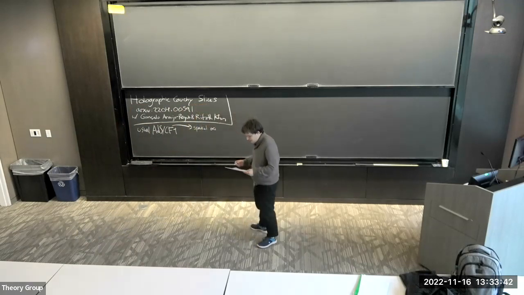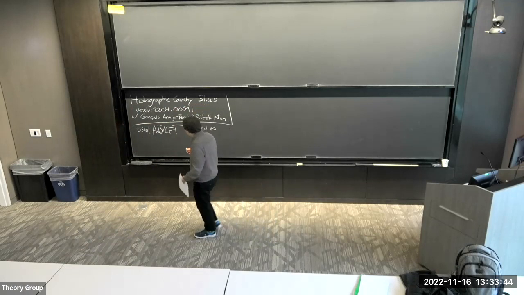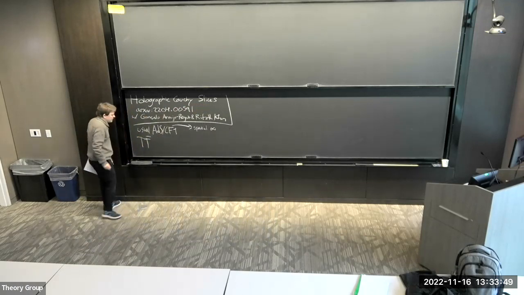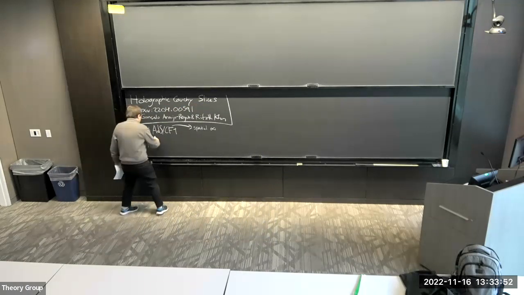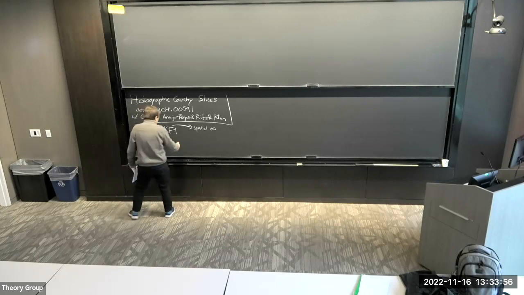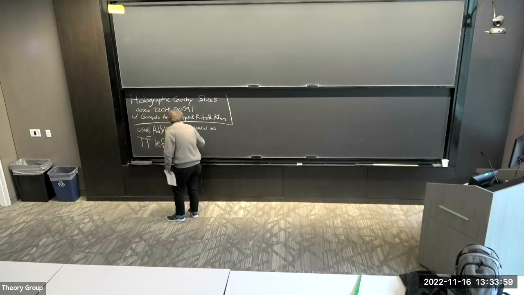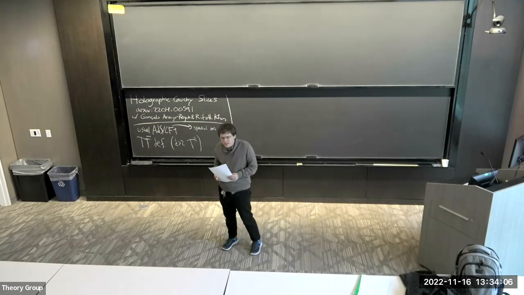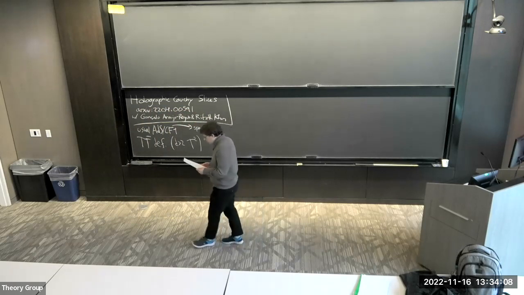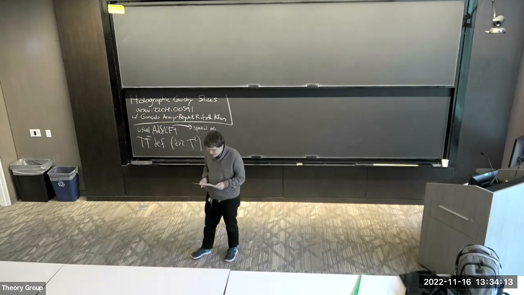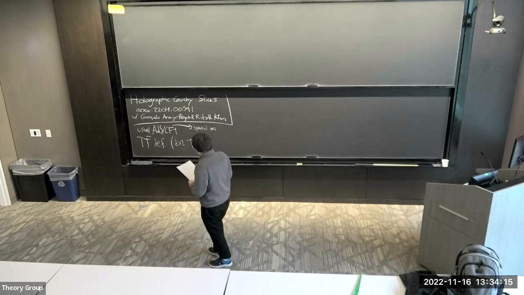But recently, there's been a lot of interest in something that's called the T T-bar deformation, or in higher dimensions, you'd call it the T squared deformation, which modifies AdS/CFT so that you are instead studying a holographic boundary that is at finite distance in the bulk.